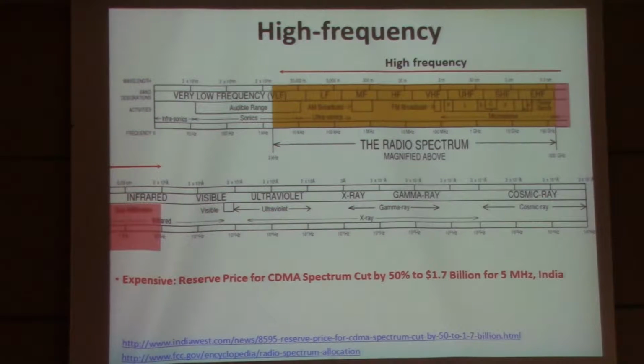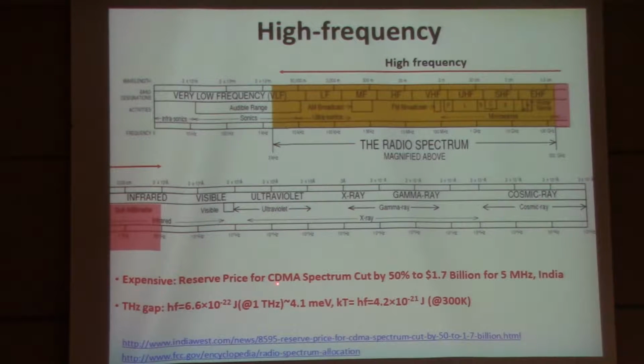And there are 2 points I want to communicate with you. The first one is that the spectrum is very expensive, actually, because it's a resource, right? If I'm using this frequency point to do something, or this frequency range, other people can't use it. We can't make a separate one. So an example here, let's say, is in India.